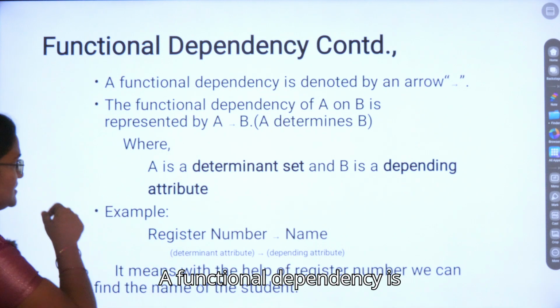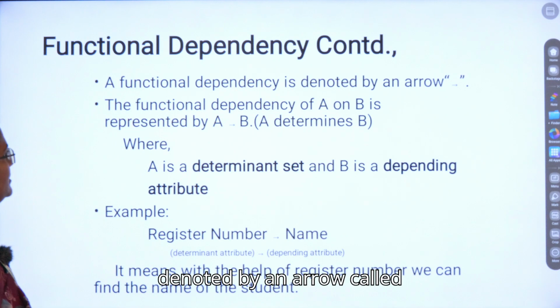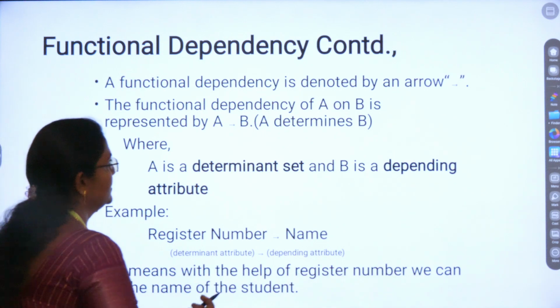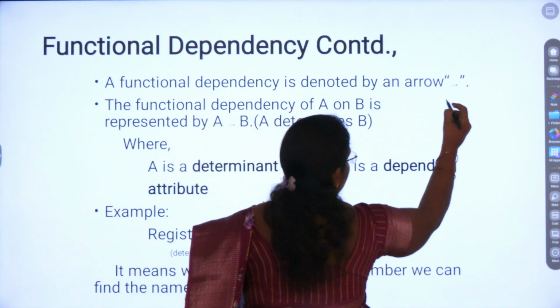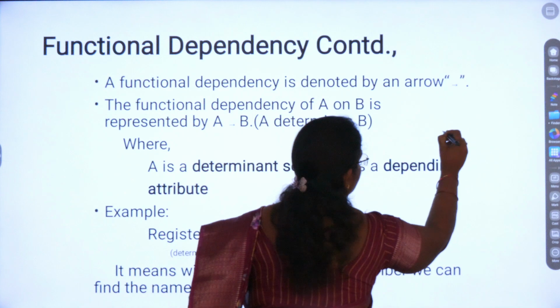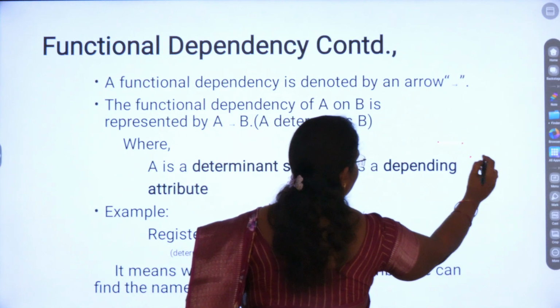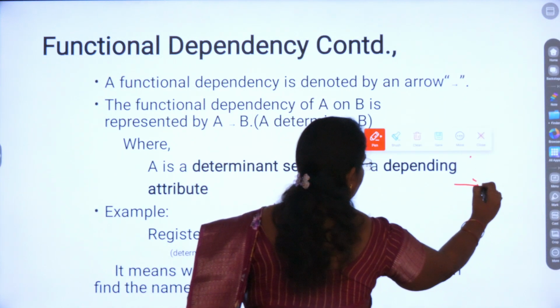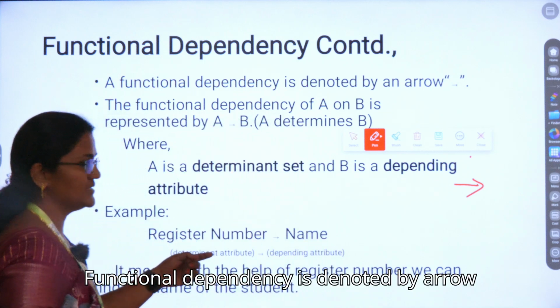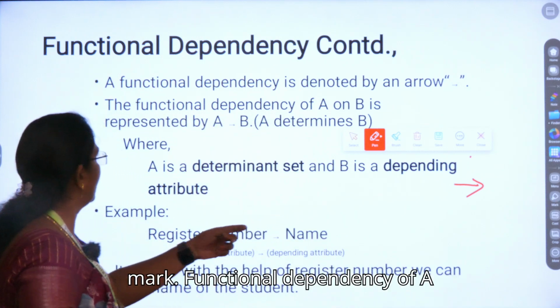A functional dependency is denoted by an arrow mark.